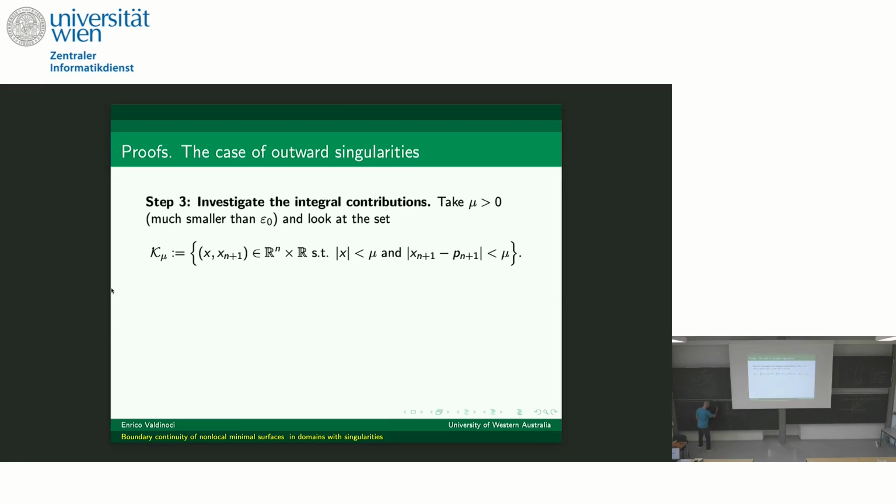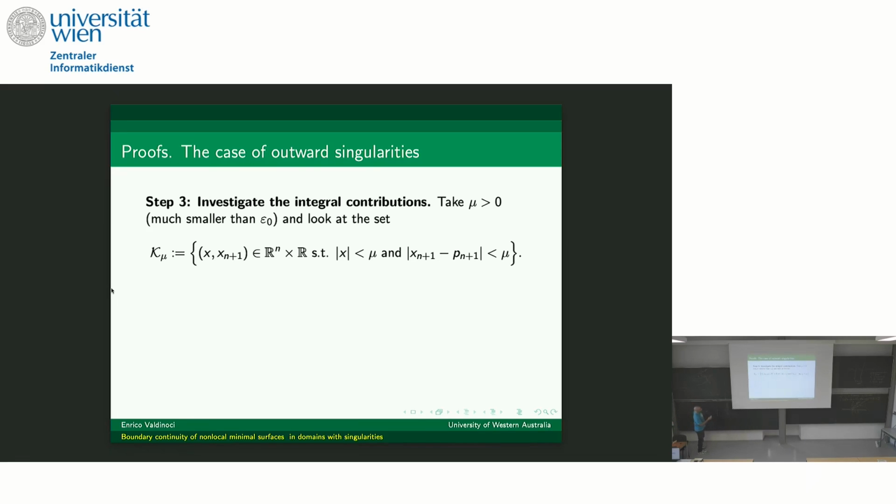Here the picture would be that I have my domain little omega. Then this is the origin. Then the point p_k is converging to this point here, big P, and then I'm looking at small cylinders around this point.